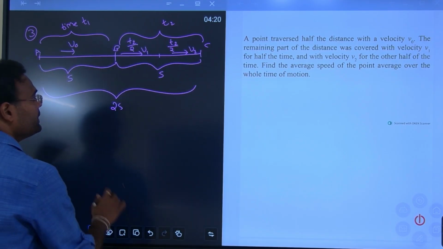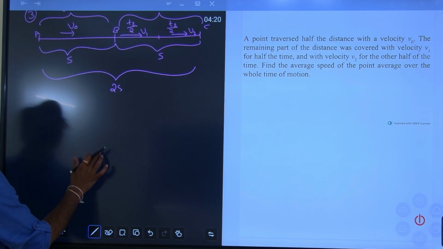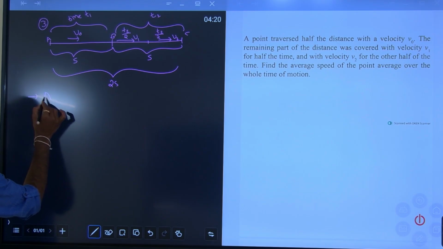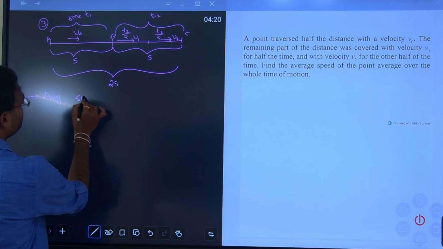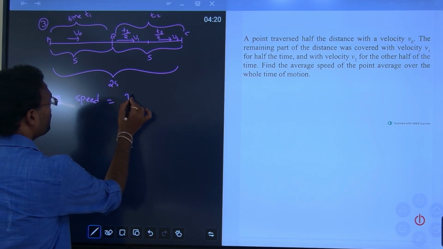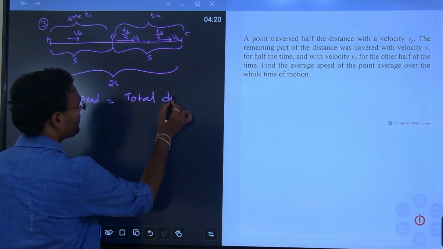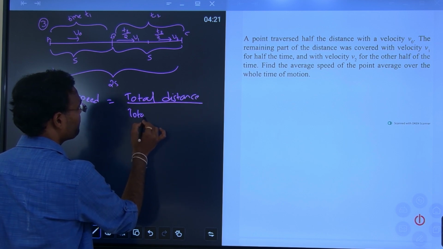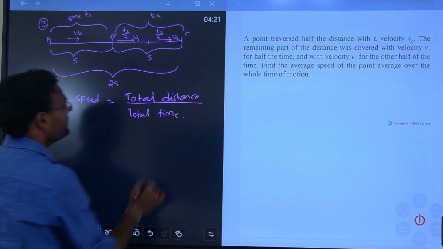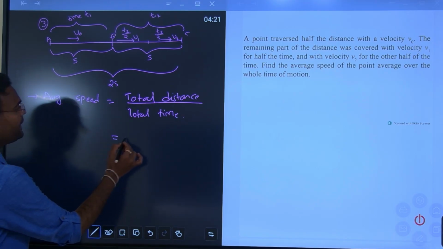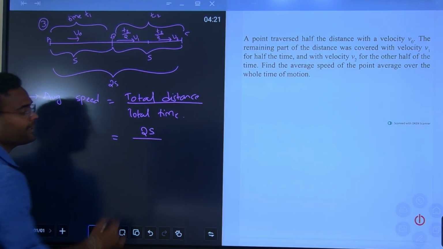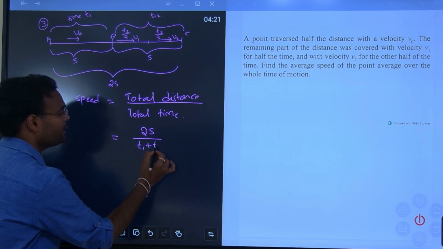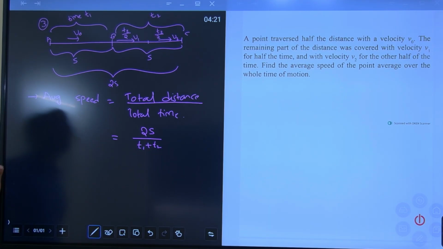Now they are asking us to find average speed. Average speed is total distance by total time. Now total time is T1 plus T2, right?